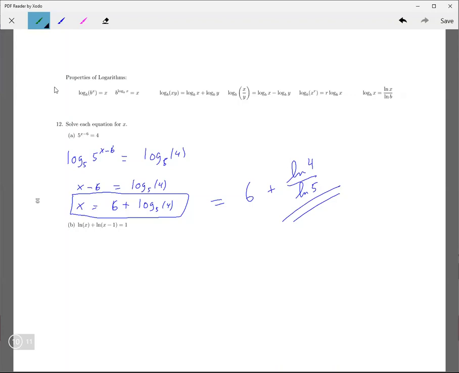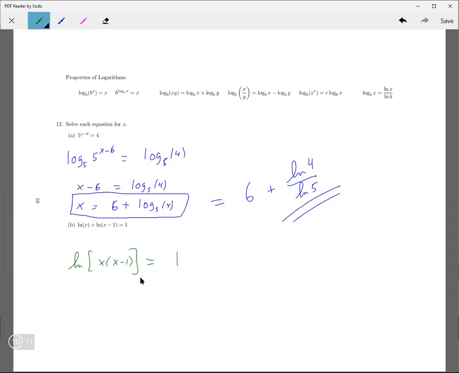Okay, part B. I want to solve this. Now, to solve this one, what you want to do is combine all of your logarithms together into one logarithm. So we'll use this property here, like that. That's the first step.